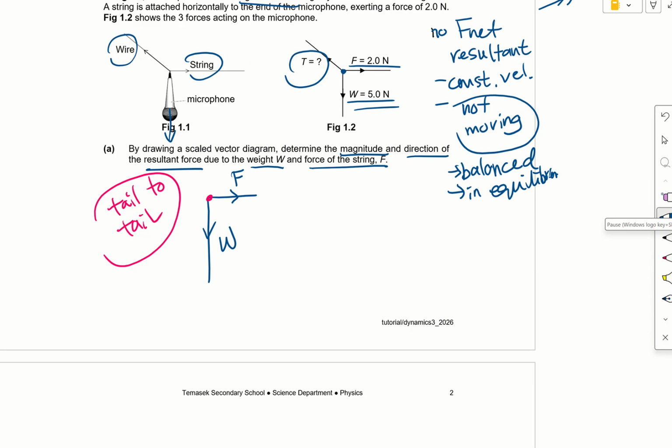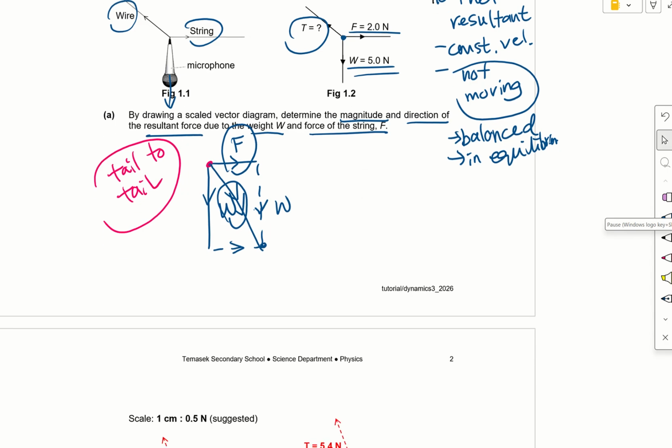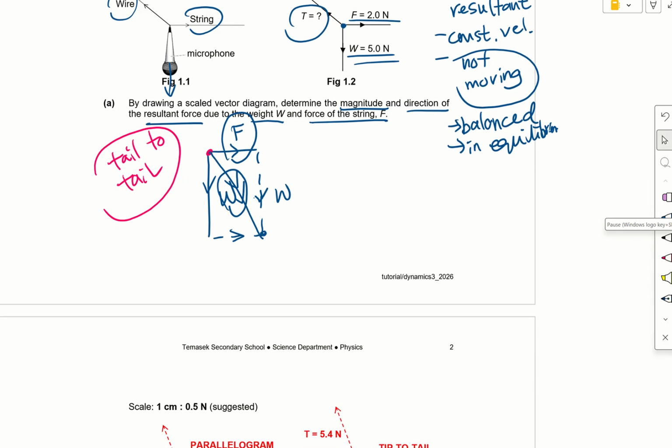So I can either shift my W here, or I shift my F here, keeping in mind that the magnitude and the direction after I shift remain the same. So this looks like a parallelogram, and this is the start point and this is the end point, so the resultant will be this. So this is where you will draw your resultant force with your double arrow.